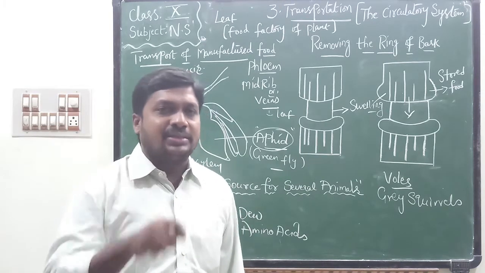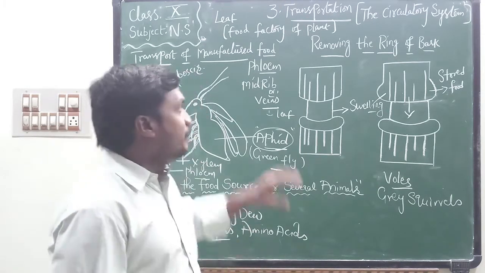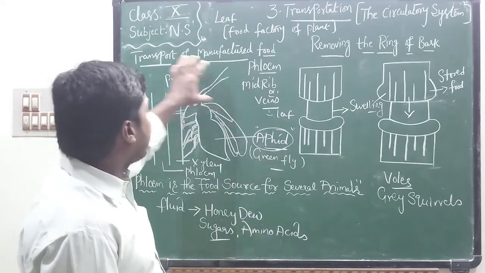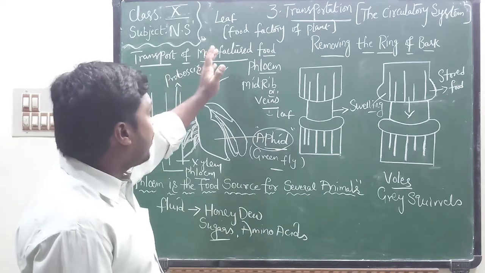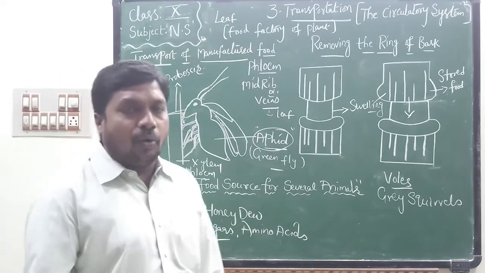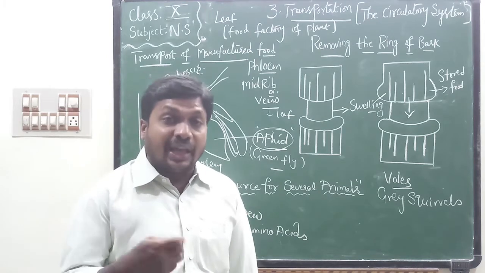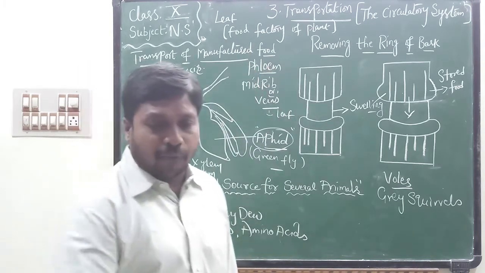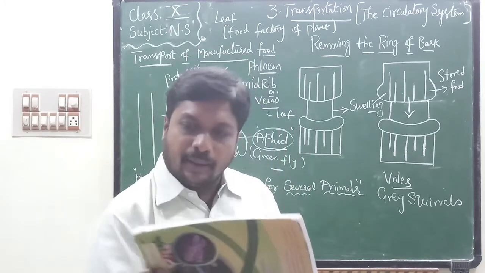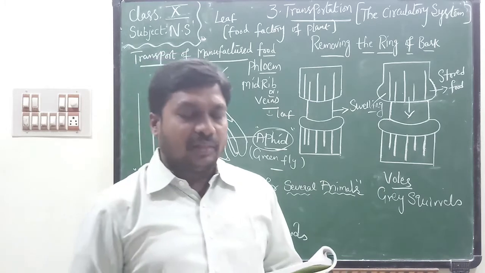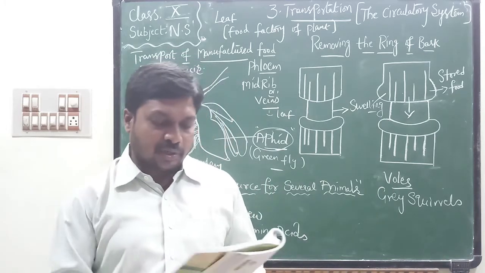In the previous class, I explained about xylem tissue. In this class, we learnt about phloem tissue, the transport of manufactured food. Okay, children, now I will explain the keywords related to the third lesson. Open your textbook, page number 69, where they gave some keywords.